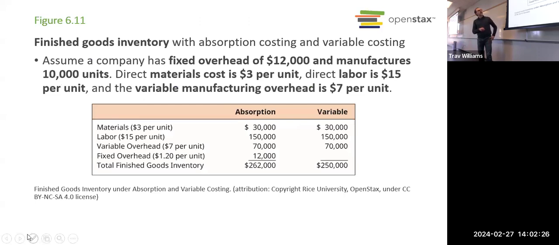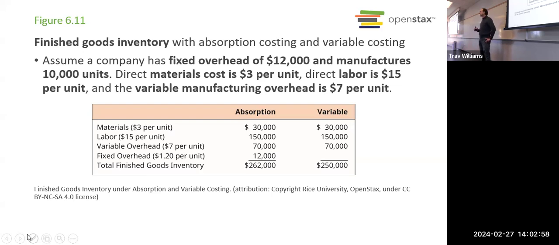Here's a simple example. In this case, we see absorption costing, we see variable costing. And you notice the material costs are the same, the labor costs are the same, the variable overhead is the same. The only difference here is the fixed cost is included under absorption, but it's not included in the finished goods inventory under variable costing.